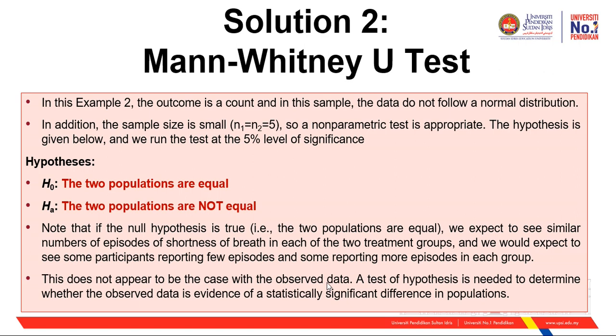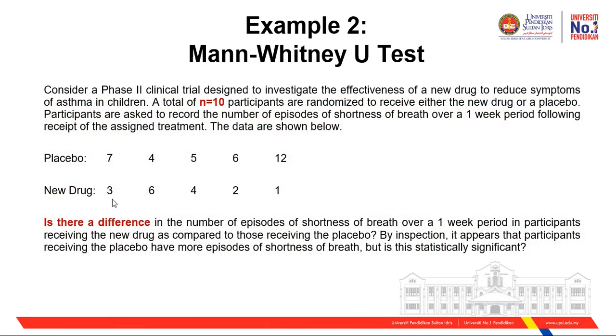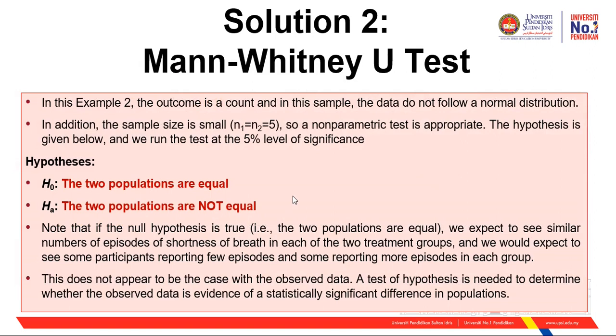So let's look at the data just now. See the distribution here. This is 7, 4, 5, 6, and suddenly 12. And this is 3, 6, 4, 1. So that's why we need to carry out the test to check whether there is a statistically significant difference in population.